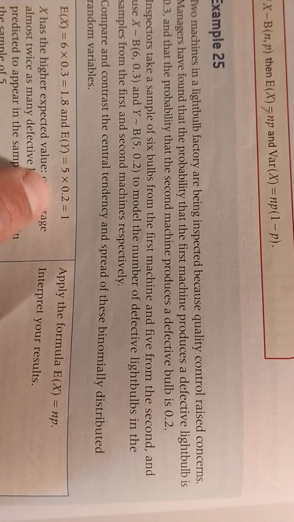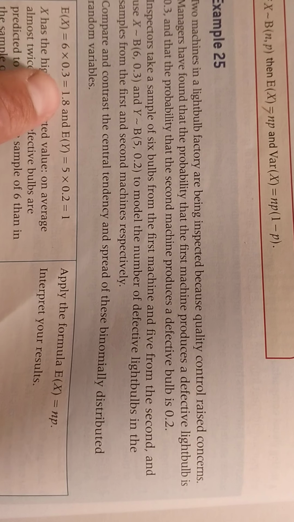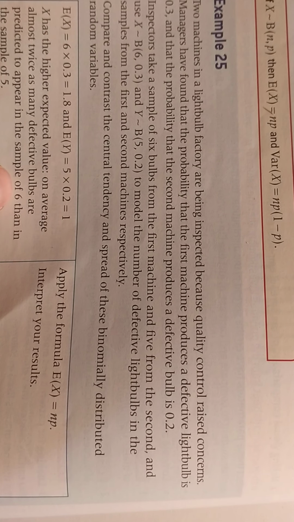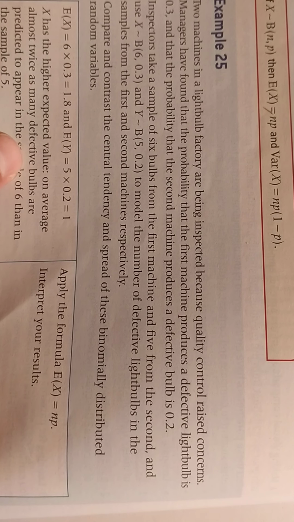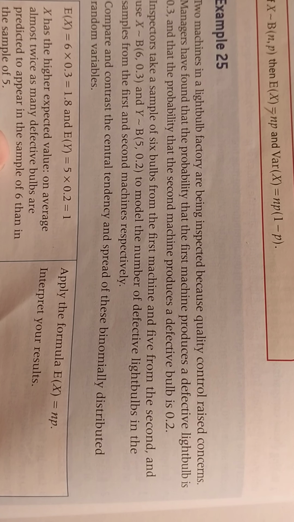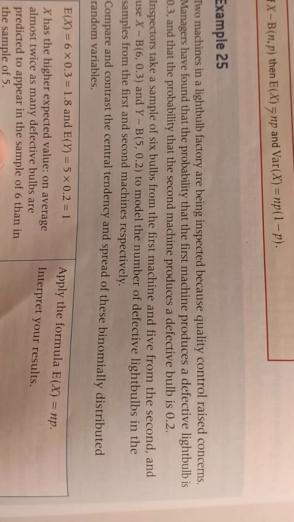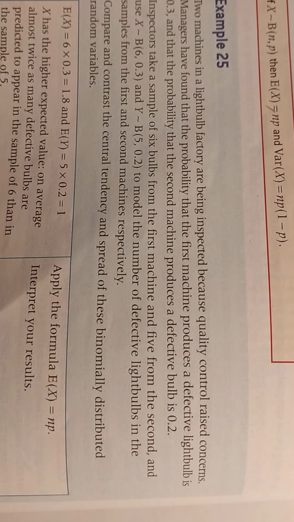So how do we compare? We say the random variable x has a higher value, 1.8 is higher than 1 on average. Nearly twice as many defective bulbs are predicted to appear in the sample of 6 than in the sample of 5. So that's how you might answer that question.